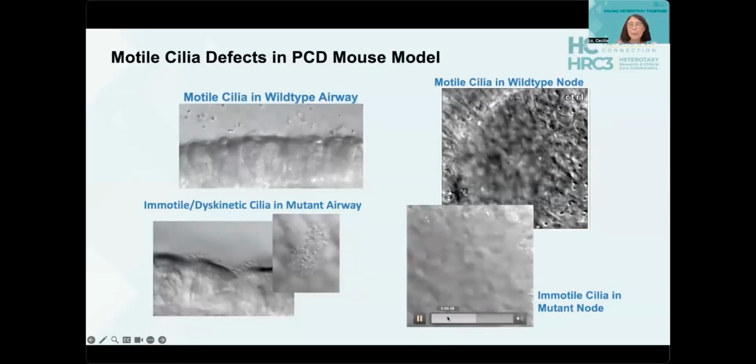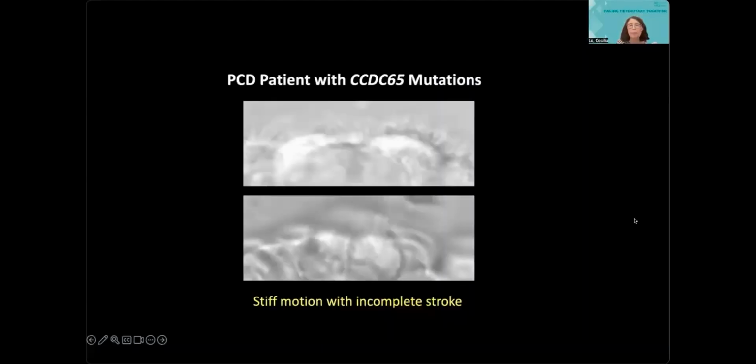On the bottom is a video also playing of the cilia from a DNAH5 mutant mouse. And if you look carefully, you can see these toothpicks across the surface of the node. Those are cilia that are immotile in this DNAH5 mutant. So these are multiciliary defects, both in the airway and the node, in the context of PCD.